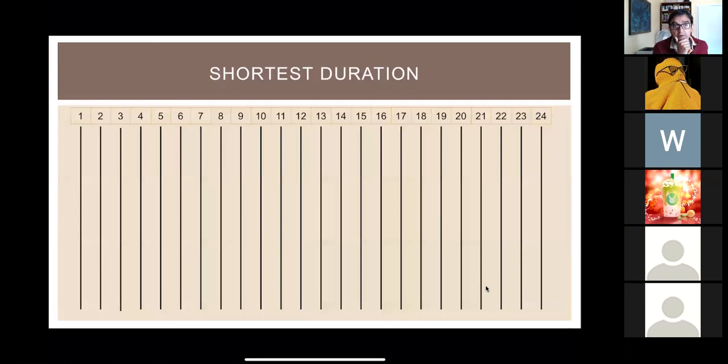So we're not worried about conflicts. Every time we pick an interval, we will remove anything that conflicts with it. So assuming that, we pick the shortest event, remove anything that conflicts with it, and then pick the shortest out of what's remaining, remove anything that conflicts with it, and so on. What do you think? Is that optimal?